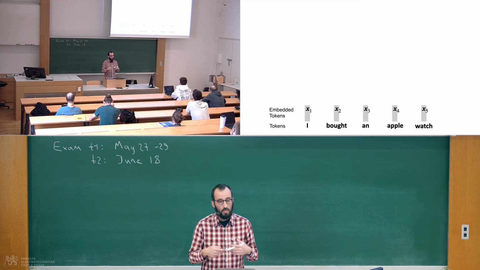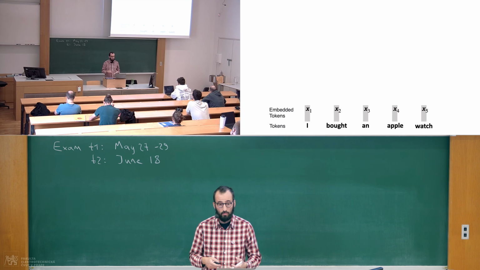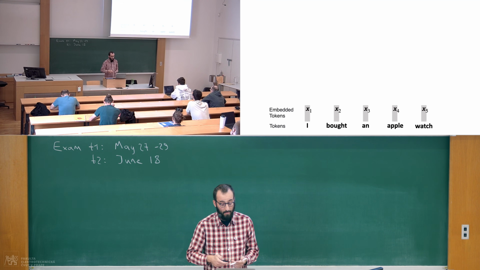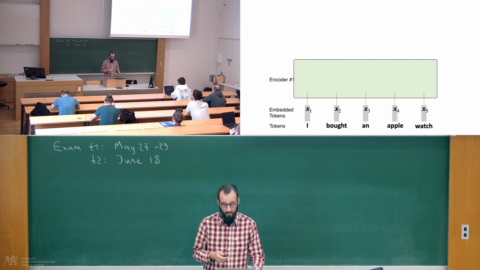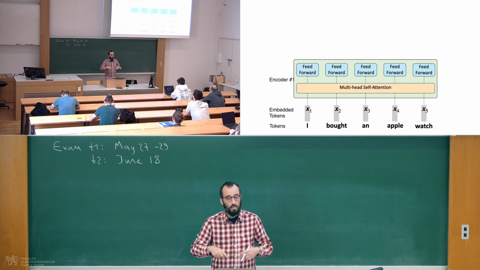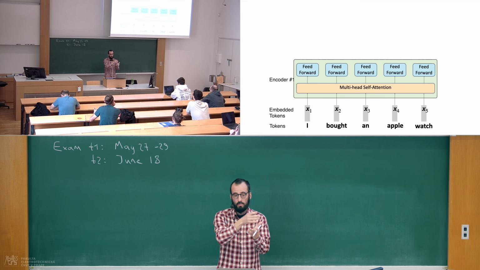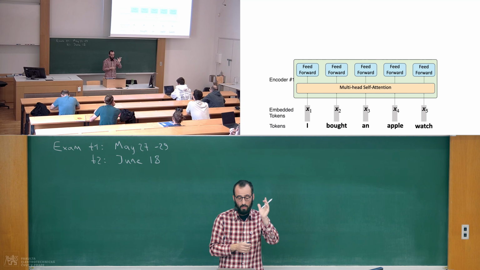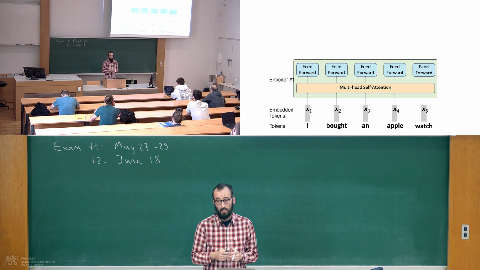So that's the major building block of the transformer, this attention mechanism. We start with attention, but at the same time we also have token-wise transformation, the MLP that processes one token at a time.